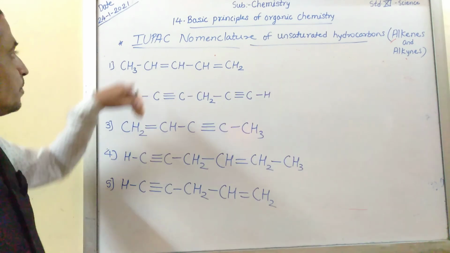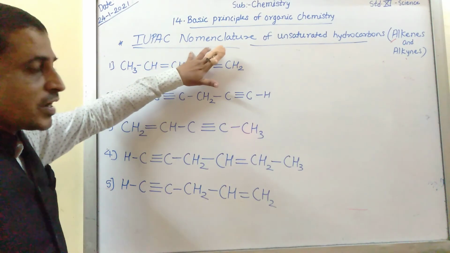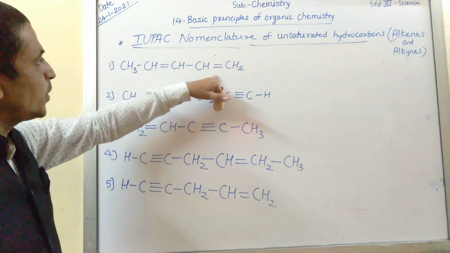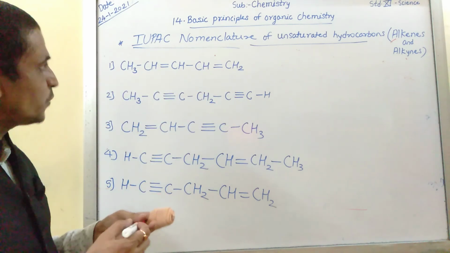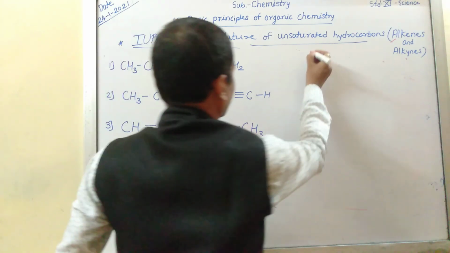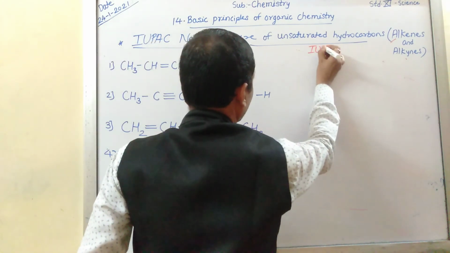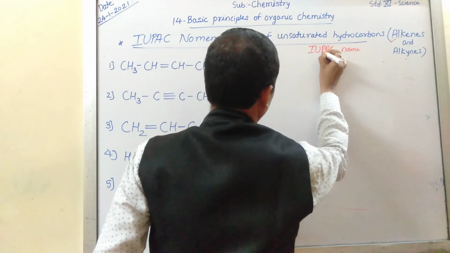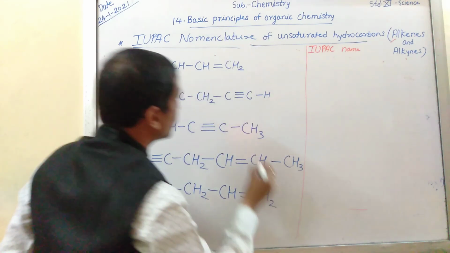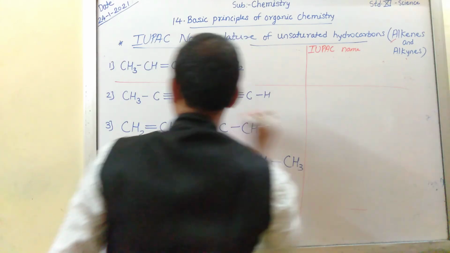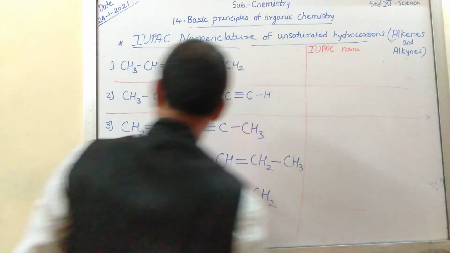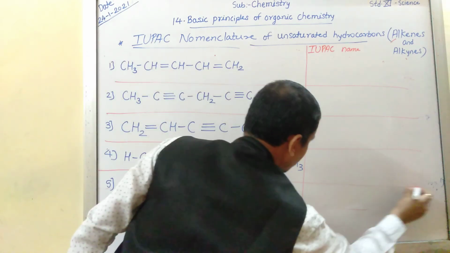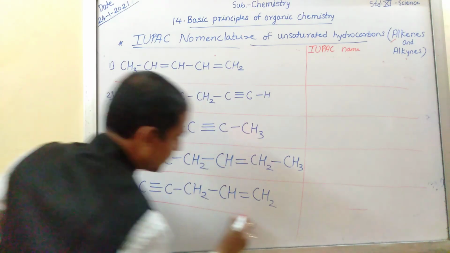If any compound contains more than one double bond or triple bond, then how to give the numbers, that we'll study. Now see, observe the structures, try to give a number to each carbon atom in the chain.